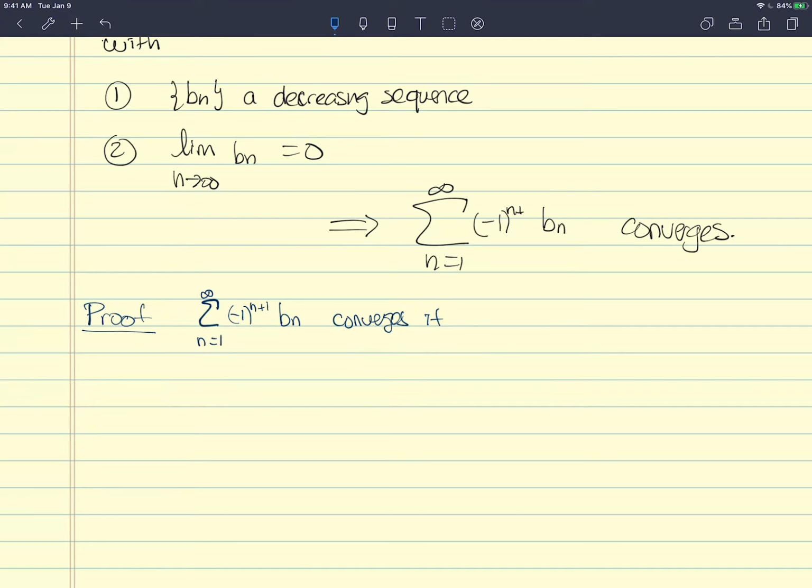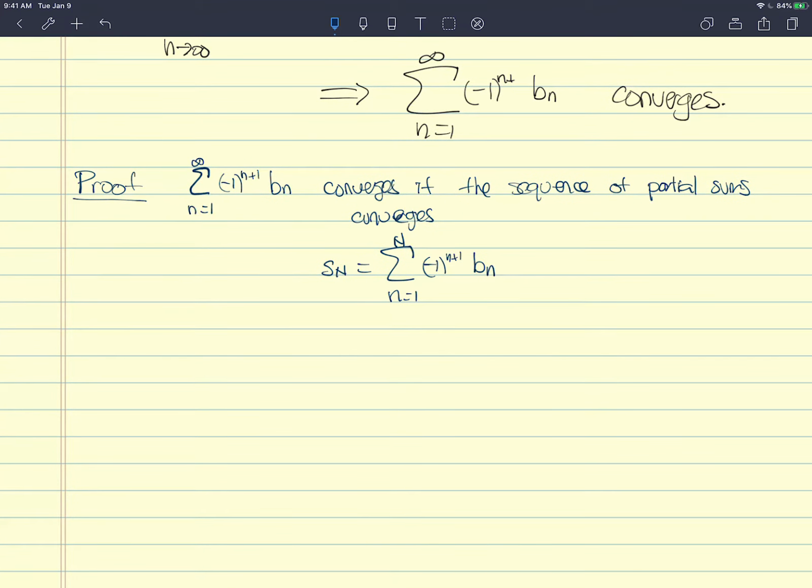This is the definition of a series being convergent, and we have used this in the past. If you don't remember the sequence of partial sums, we called it Sn. It was the sum stopping at n of these terms, so the first n terms, you add them up.